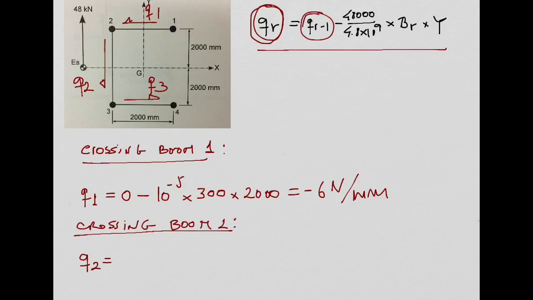So this QR minus 1 is the shear flow that is arriving at the boom that I am crossing, which is Q1. And then this term is the same, minus 10 power minus 5. The area of boom 2 is also 300. The distance of boom 2 to the neutral axis is again 2000.